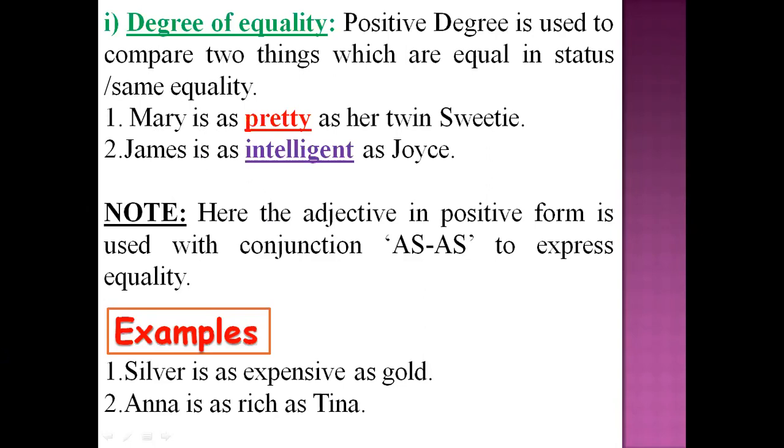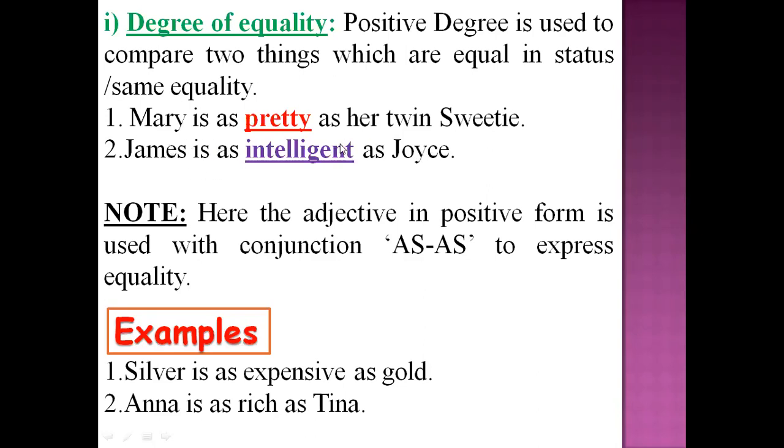So the degree of equality can be used to compare any two things which are equal in status. Here we are comparing Mary with her twin Sweetie, and both girls are pretty. In the second example, James and Joyce are two persons we are comparing.